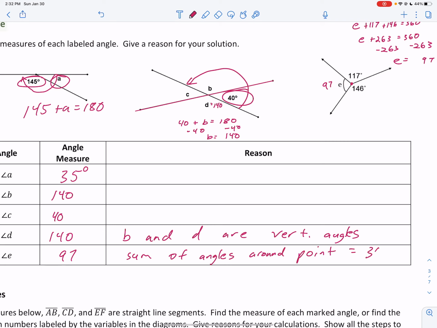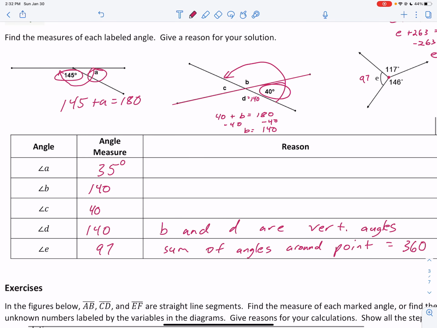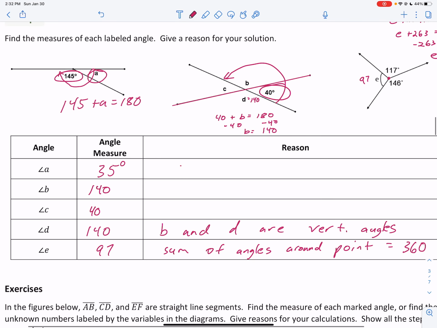Equal 360. Sum of angles at a straight line. Maybe we just fill out all of this just to make sure we have it.